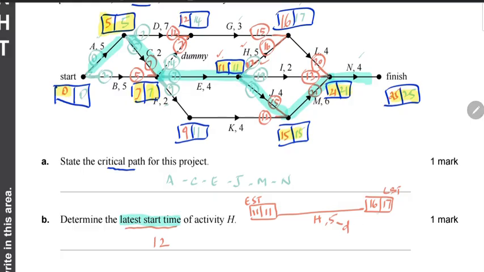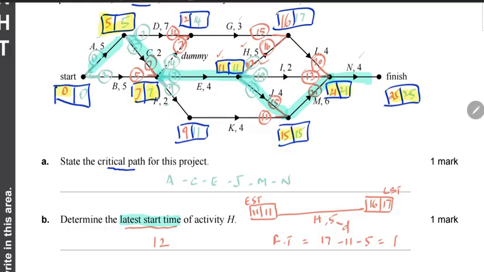In case you had to find the float time for that particular activity, because any edge that's not on the critical path will definitely have a float time, then you use this formula, and so float time would be LST minus EST minus duration, which would give you 1.